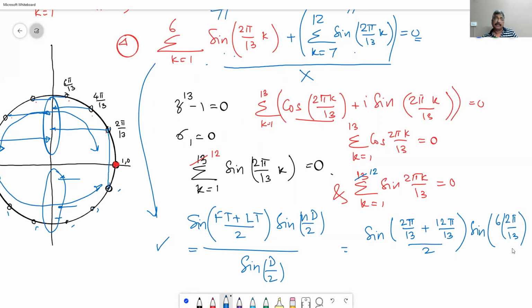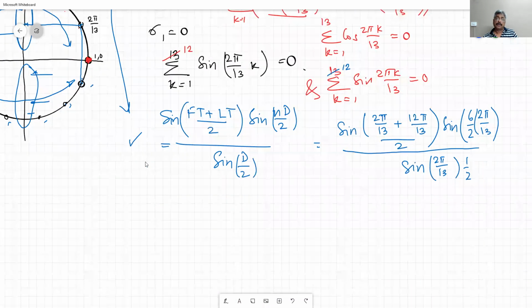Is that correct? Yes sir. Divided by sine of d by 2, that is pi by 13, and n d by 2 is 6 into 2 pi by 13 over 2.